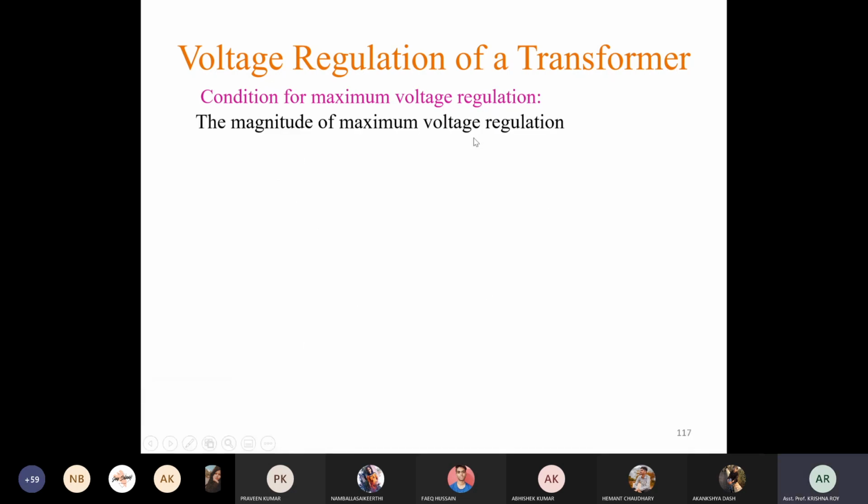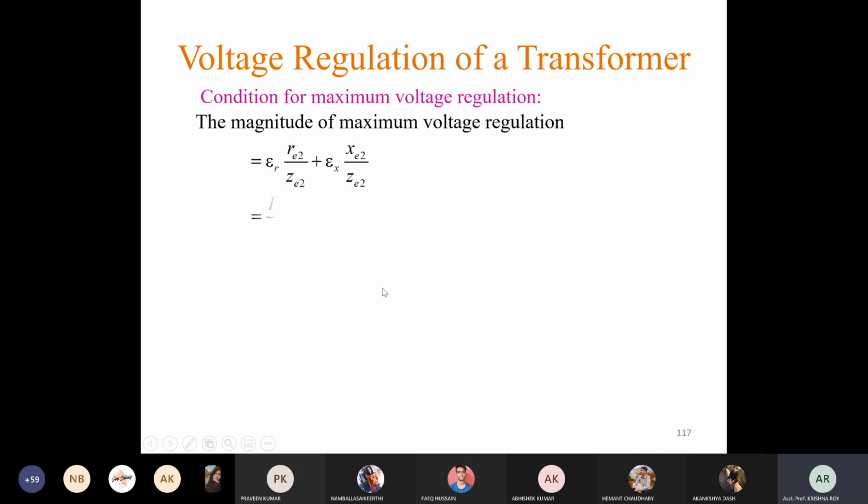The magnitude of the maximum voltage regulation is found by putting the values of cos theta 2 and sin theta 2 from the expression of tan theta 2 into the expression of voltage regulation.